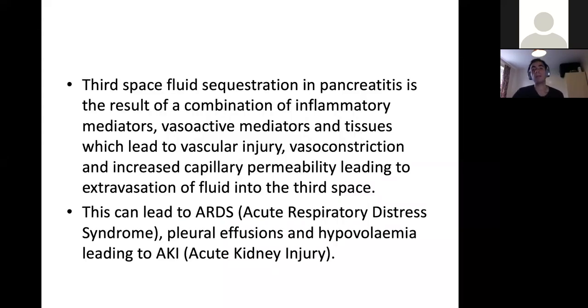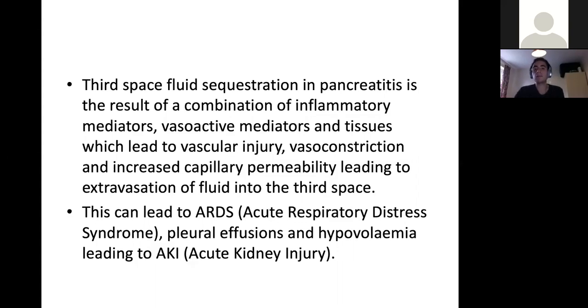This is a weird slide, but it's quite important in understanding the physiology of pancreatitis. In pancreatitis, there's third space fluid sequestration, which is a result of the inflammatory response of the body that increases the permeability of the capillaries. That leads to fluid coming out from the vasculature into the third space.